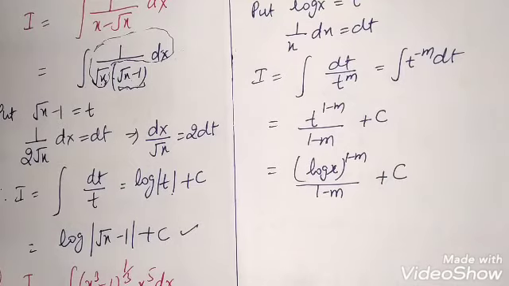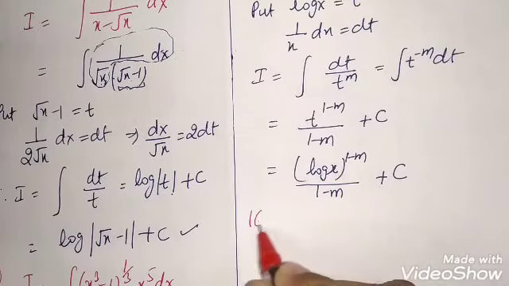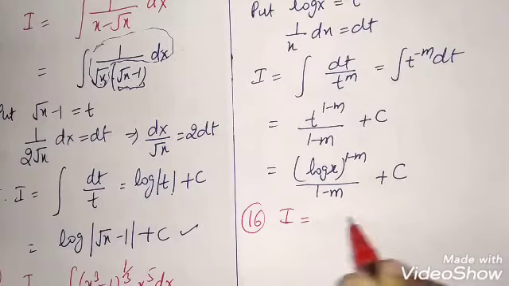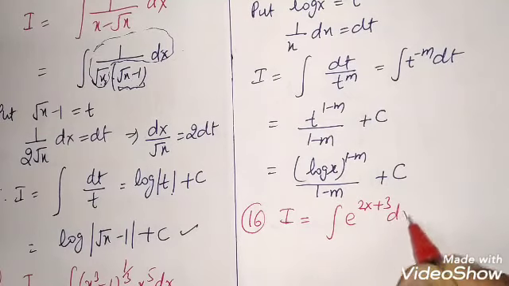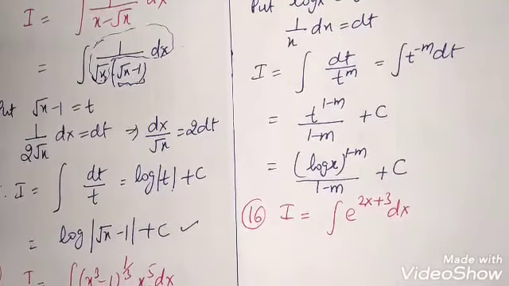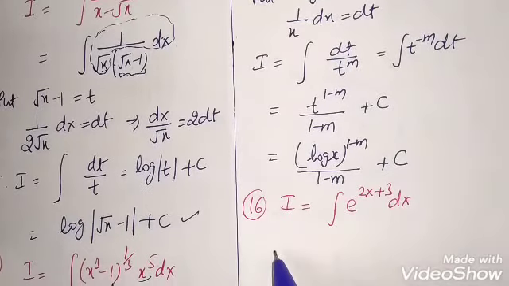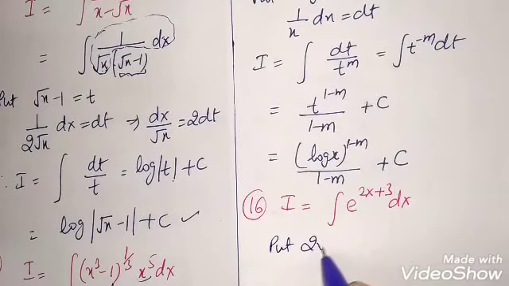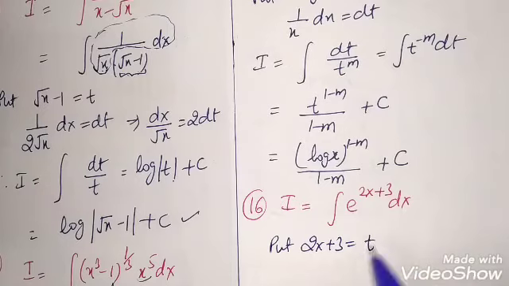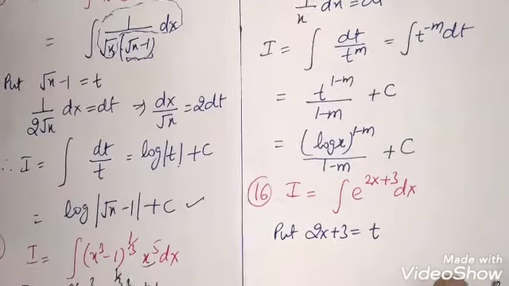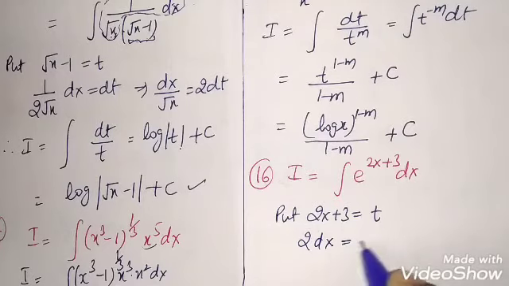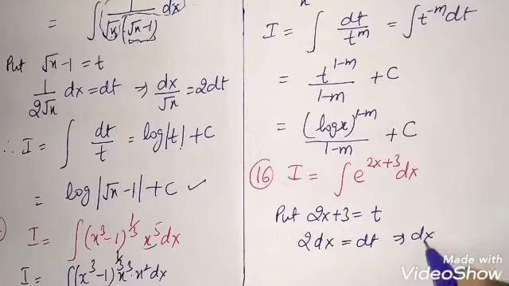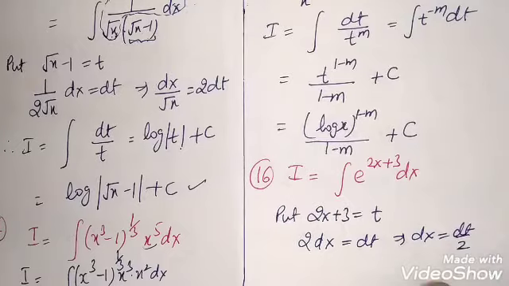16th. Till now it is not that tough, but still 16th: I equals integration of e to the power 2x plus 3 dx. Put 2x plus 3 to be t. Simply we can say 2 dx is equal to dt, dx is equal to dt by 2.